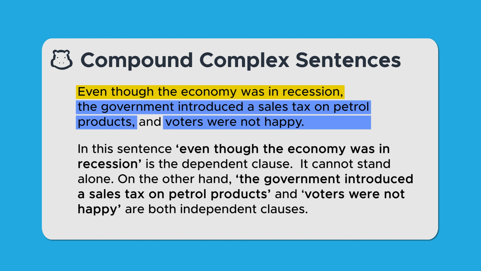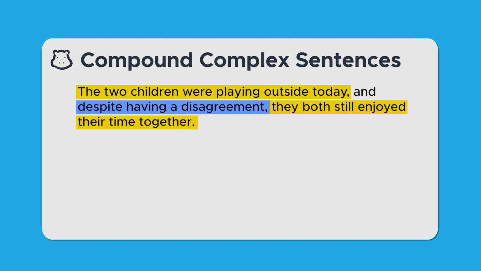It cannot stand alone. On the other hand, the government introduced a sales tax on petrol products and voters were not happy are both independent clauses. Here's another sentence to analyze. The two children were playing outside today, and despite having a disagreement, they both still enjoyed their time together.